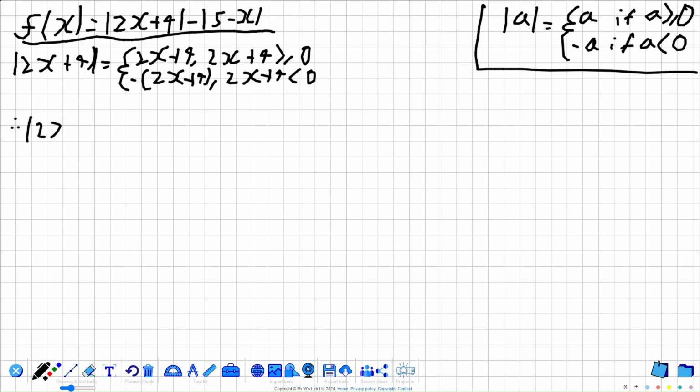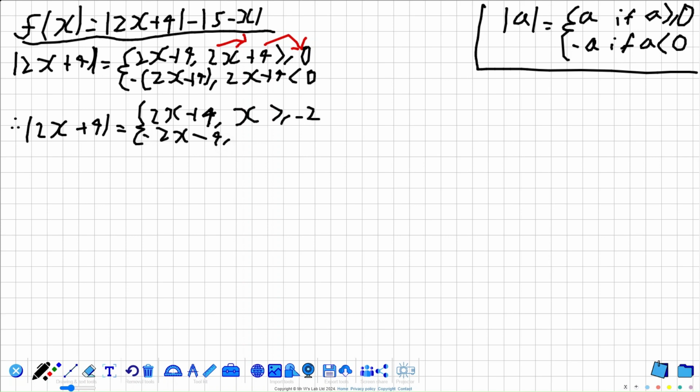And then we can evaluate this further. We can put that, and then we get this, and so this stays the same. If we were to evaluate this section here, we'd move that 4 over and then divide by that 2, and that would give us -4 over 2, so where x is more than or equal to -2, and then for this one we've got -2x - 4 now, but where x is less than -2.